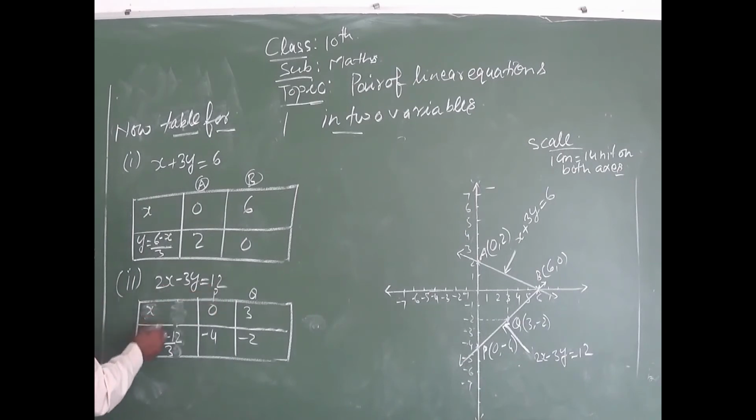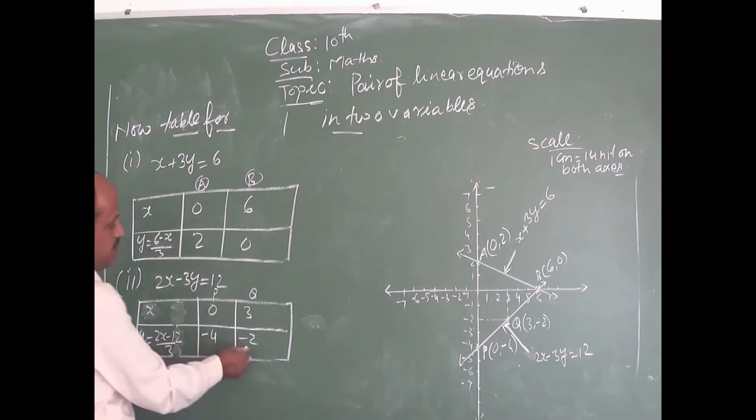So y is equal to 2x minus 12 upon 3, we can simplify, then we get the value of y. If we put x is equal to 0, this term becomes 0, and here is minus 12 upon 3, that is minus 4. And if we put x is equal to 3, this term is 6 minus 12, so we have minus 6 upon 3, so we get minus 2.